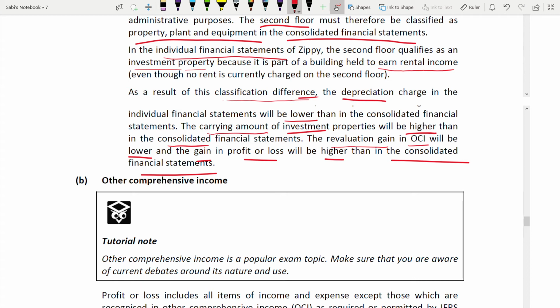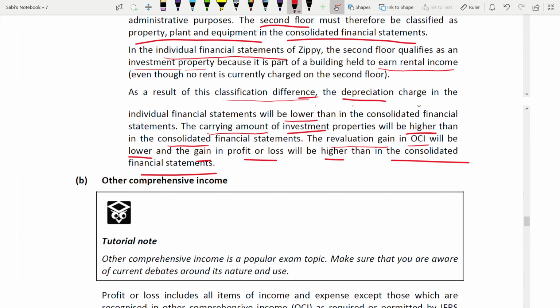Now, forget about everything. You have to focus your mind in one direction. You have to always clear your mind and come back. Now think about the revaluation gain only. It is recorded in OCI. And why will it be lower in the individual financial statements?